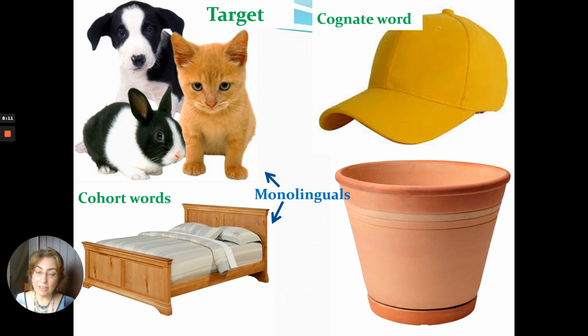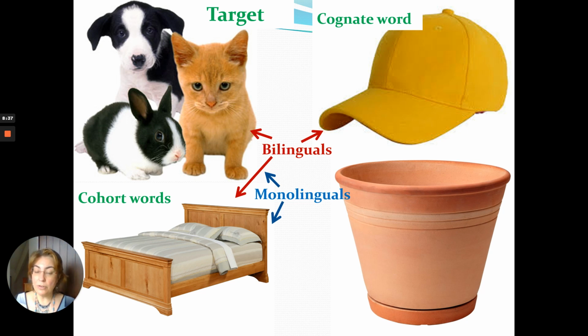Okay, so in Dutch, that cup is a pet. So then bilinguals also looked at the target and the cohort words longer and more immediately than at other words that were not related. But they also looked, crucially, at the cognate word for the stimuli.